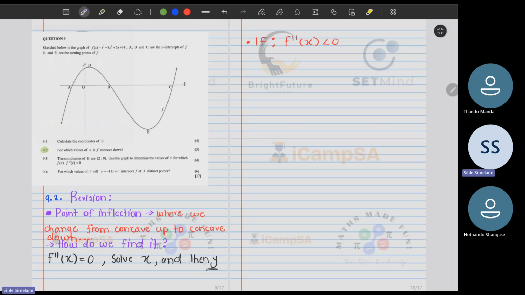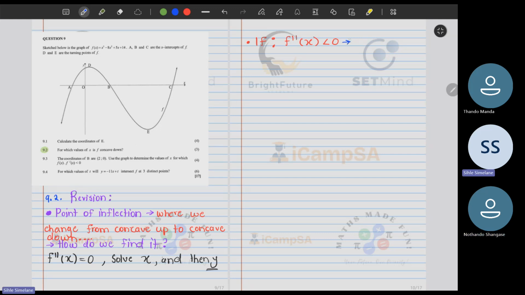Still taking a guess. Anyone else? What are your thoughts? If our second derivative is less than 0, does it mean we have concave up or concave down? Other guys, where are you at? Okay. So when it's less than 0, yes. You said, I was confirming that it was concave down.